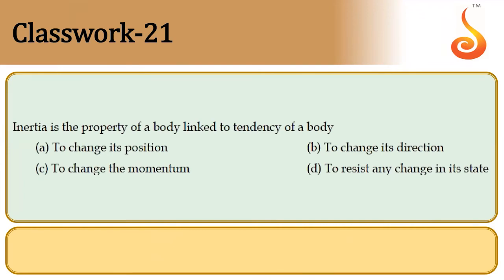Inertia is the property of a body linked to the tendency of a body to change its position, to change its direction, change the momentum, to resist any change in its state. Very simple one. So inertia is to preserve its state.